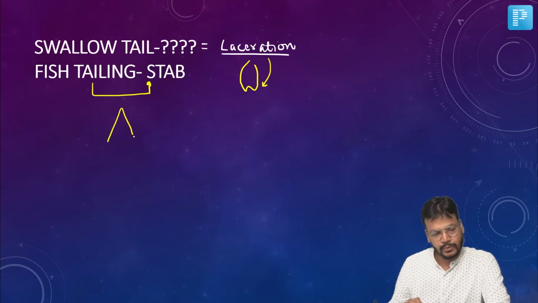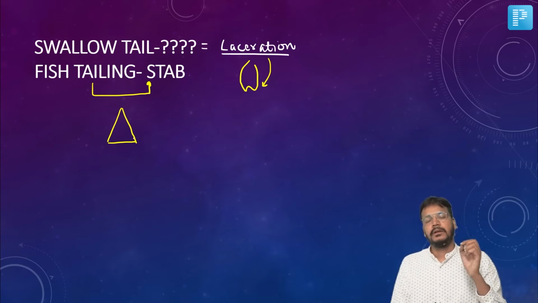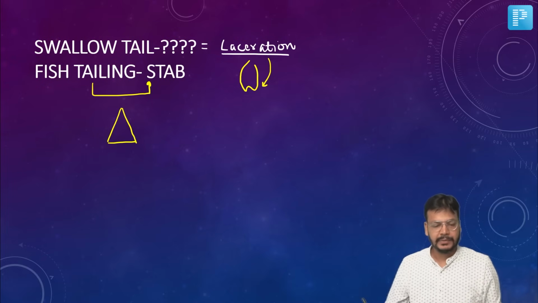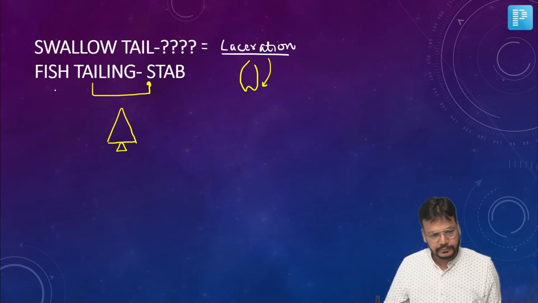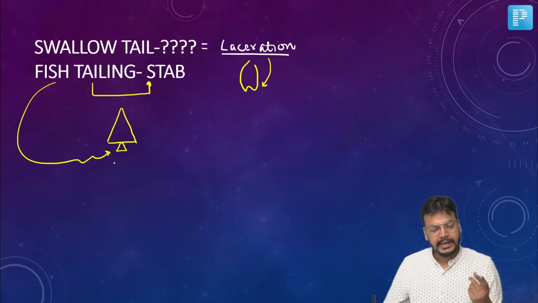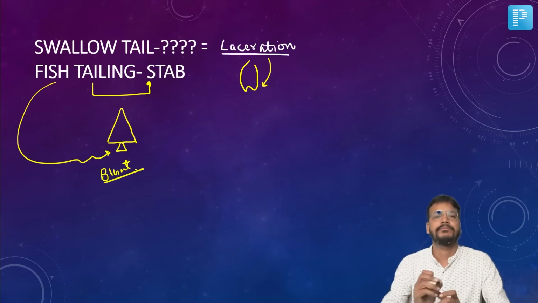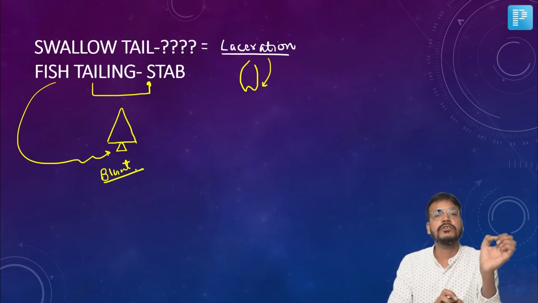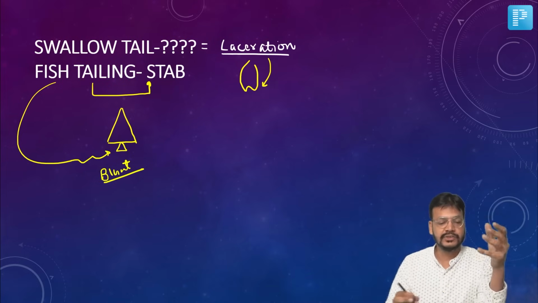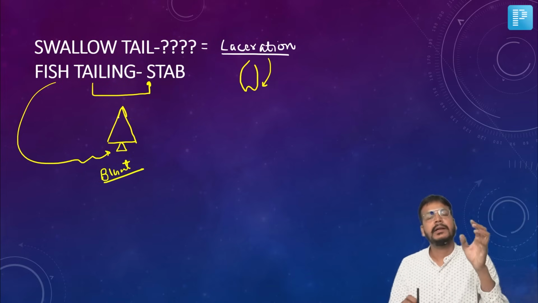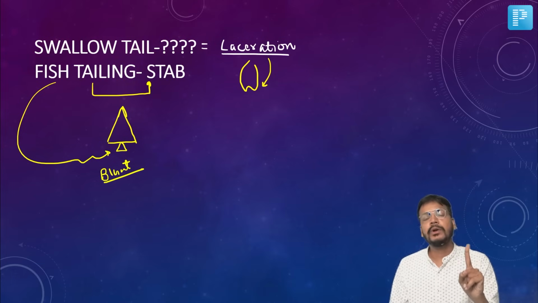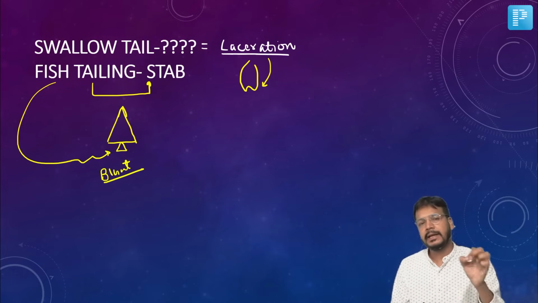This is the triangular shape of the entry wound of the stab, and there is fishtailing. Remember, my dear friend, in fishtailing the tail is because of the blunt edge, because the sharp edge causes the acute angle. Swallowtail in laceration; fishtailing, the tail is because of the blunt edge.